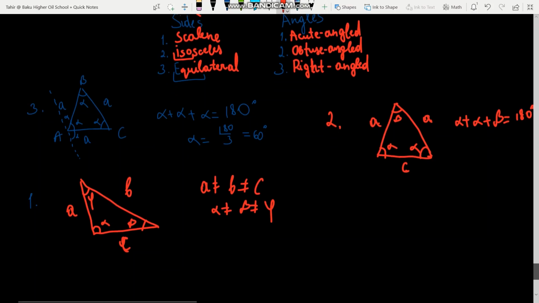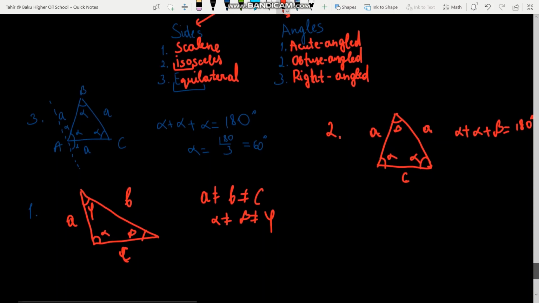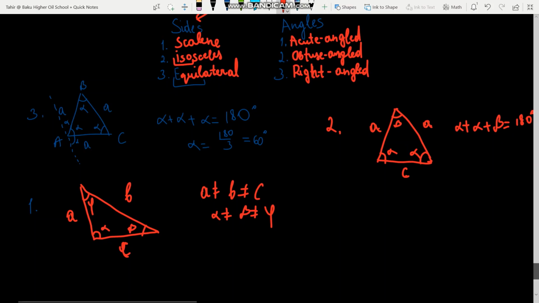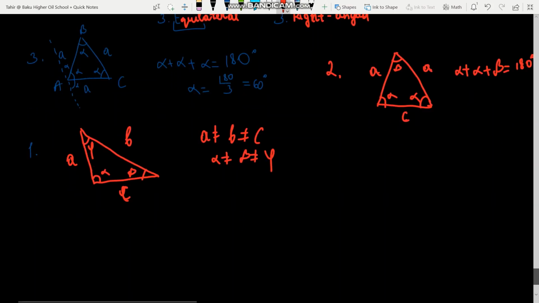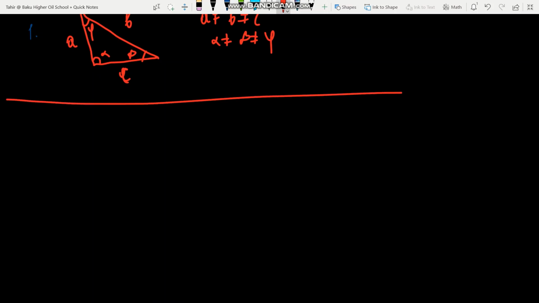And let's go through the triangles in terms of angles and draw sample triangles for each of them. First one is the acute angle triangle. I'll just draw a line here and denote it with A. Acute means less than 90.